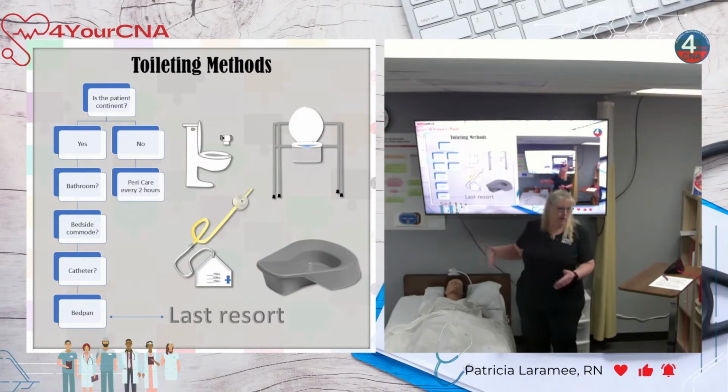It's a shorter distance, shorter journey, but it still gives them that bathroom-like experience. Still feels like a toilet. Okay, good. That might be alone or with assist. They might need some help with the transfer, or they might be able to handle it themselves.